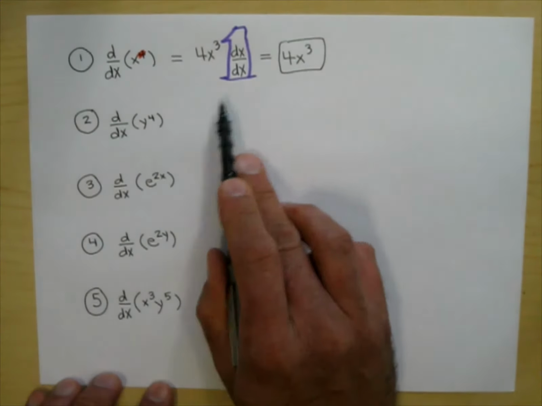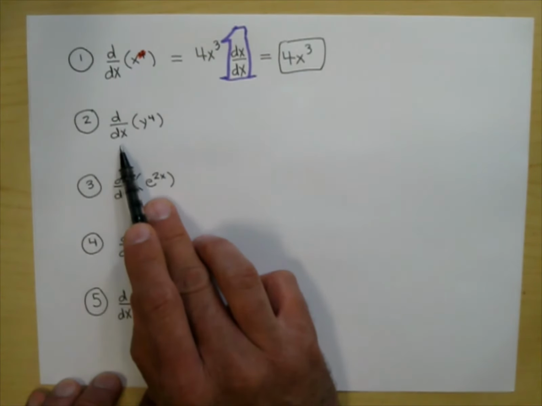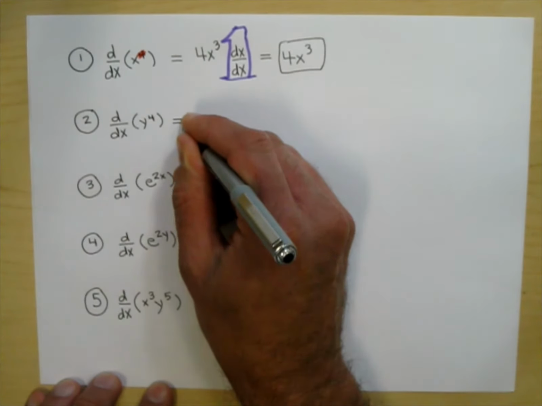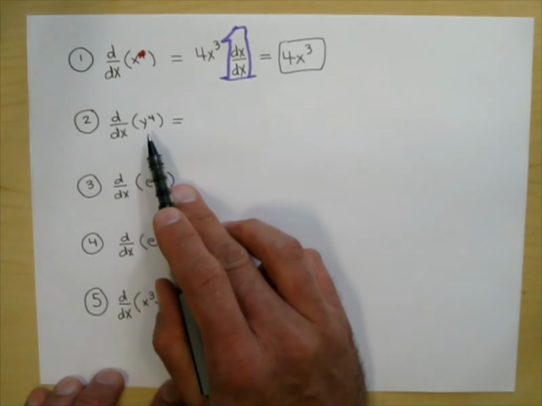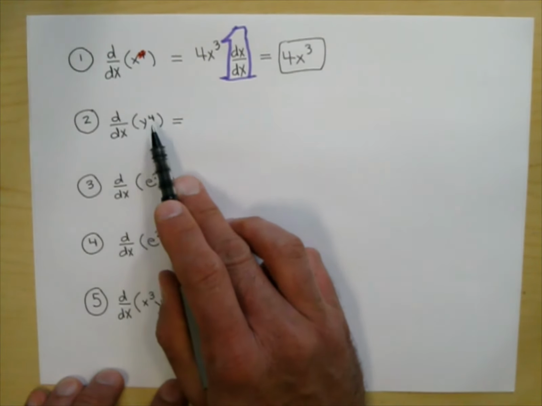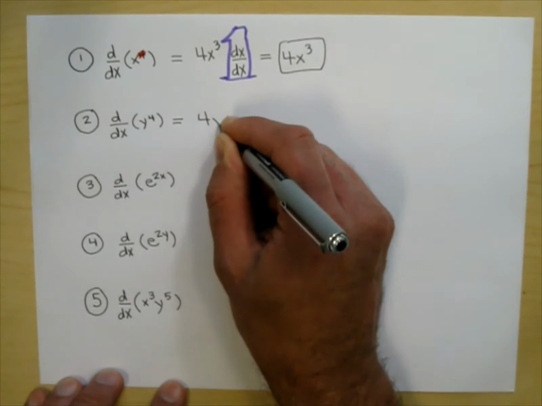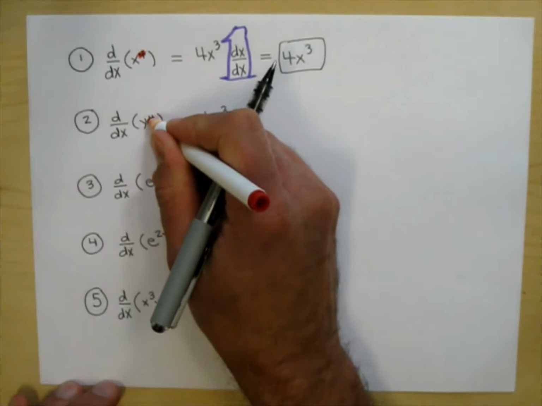The reason I do this is because it makes a good comparison to this right here. Now I'm taking the derivative with respect to x of y to the 4th. We kind of did something like this on that first problem, it was like y cubed. So this is really something to the fourth. The derivative of something to the fourth is 4 times something to the third. And the chain rule says, okay, we're done with that 4.